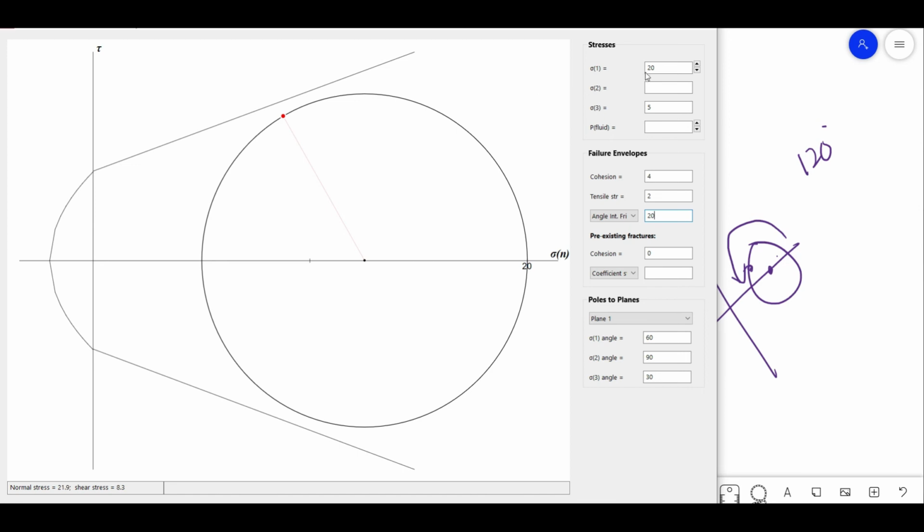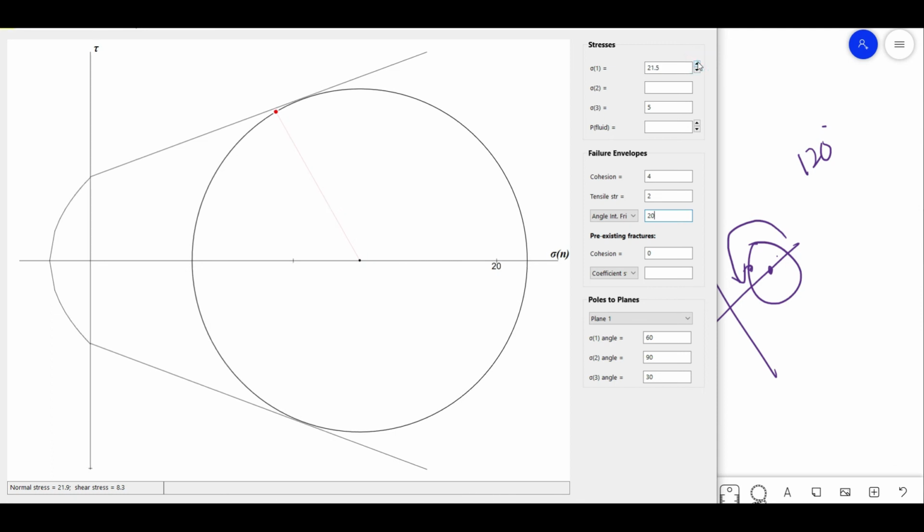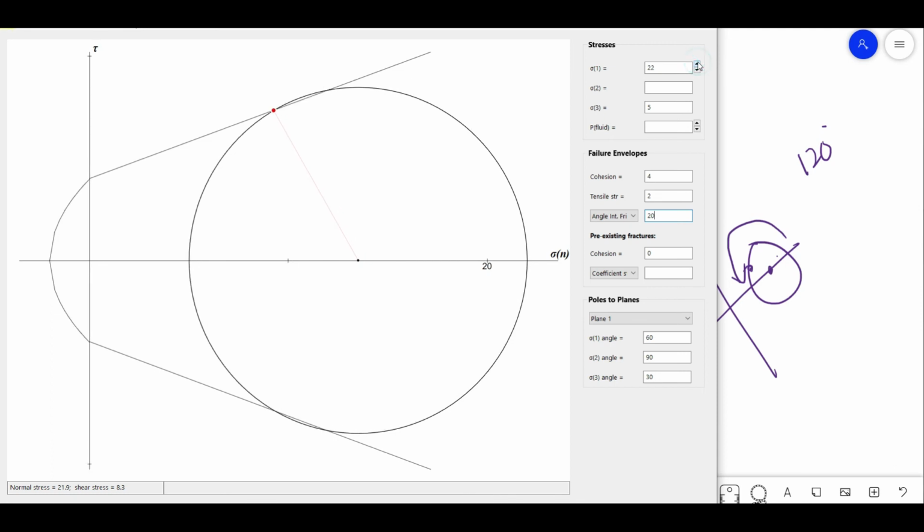So first we'll start increasing the value of sigma 1, like 20.5, 21 and 21.5, and now at the value of 22, this point is becoming the contact between the straight line and the circle.